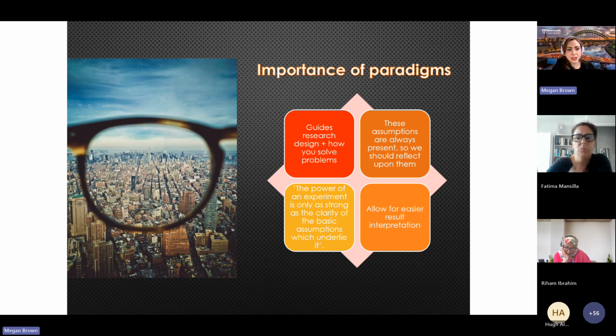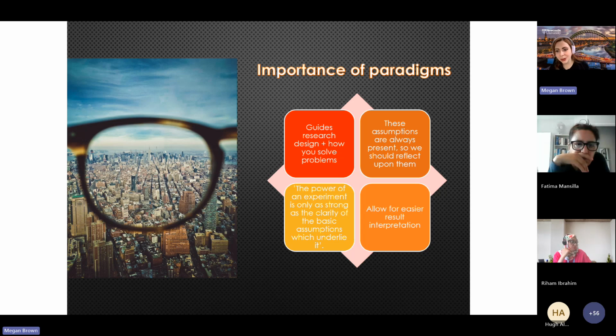Reflecting on our paradigms is really important within clinical education research as they guide the design of our research. How we see the world, how we see a problem will influence how we investigate that problem. These are assumptions that are always present. We're always seeing the world through some sort of lens, even if we think that we are being really objective and independent and neutral about something.